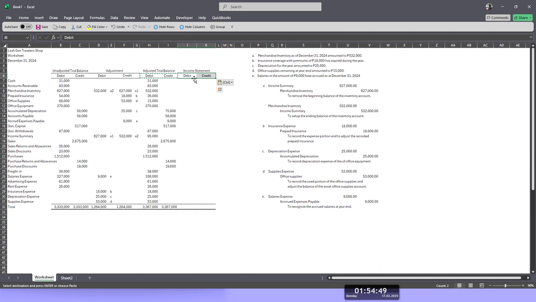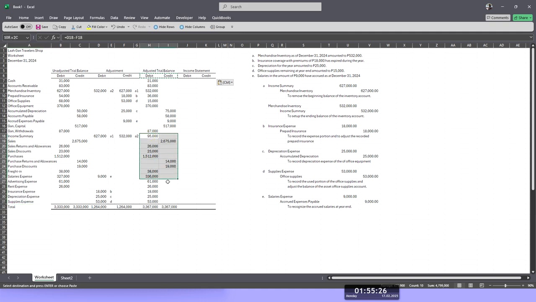Under the income statement columns, you have to extend the balances from the adjusted trial balance of the accounts such as income and expenses, including the income summary account. So extend the balances of the income and expenses accounts to the income statement columns, and also the balance of the income summary account.